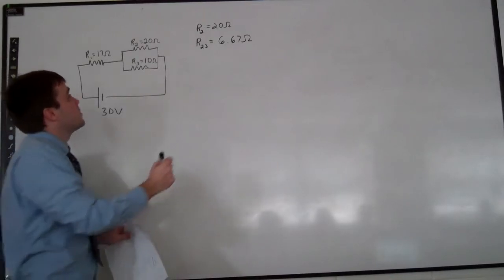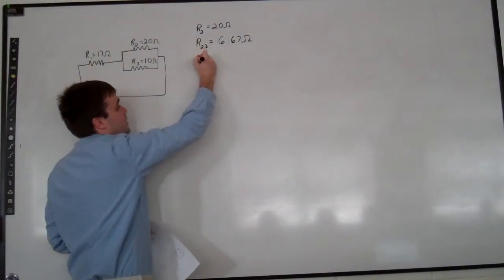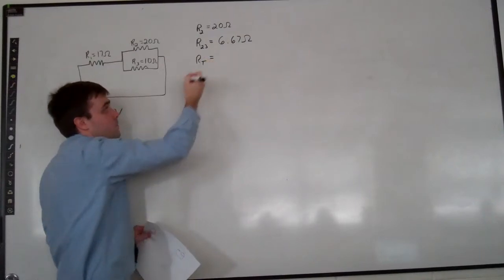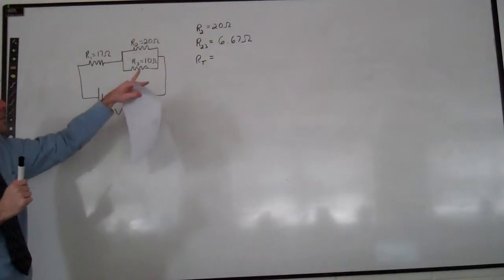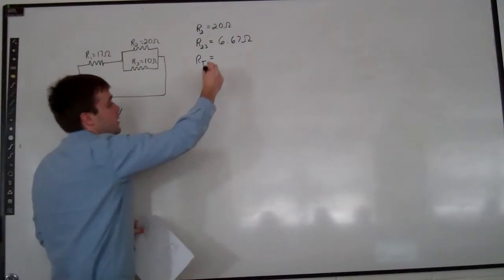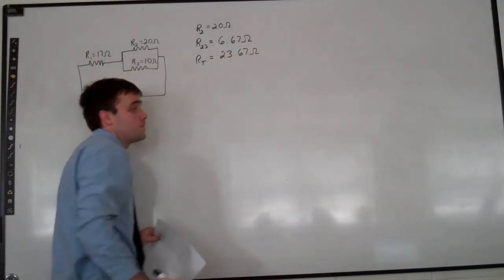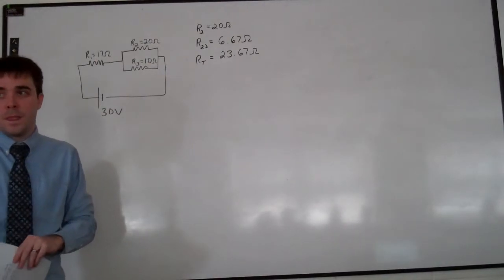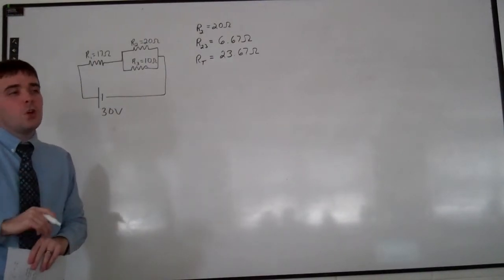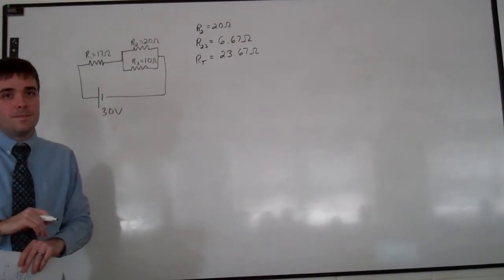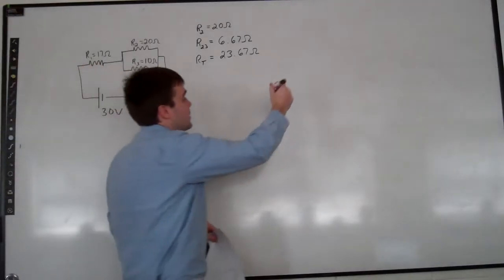Okay, so now, how do we find RT? Add that one to 17. 6.67 plus 17 is 23.67 ohms. Okay, so now how do we find the total current in the circuit? V equals IR.